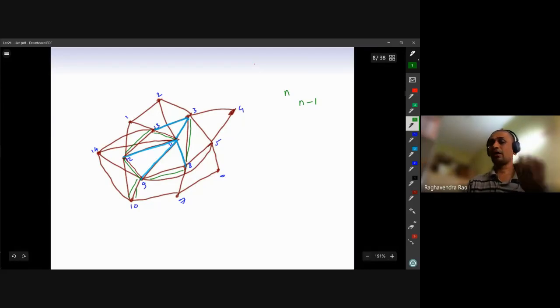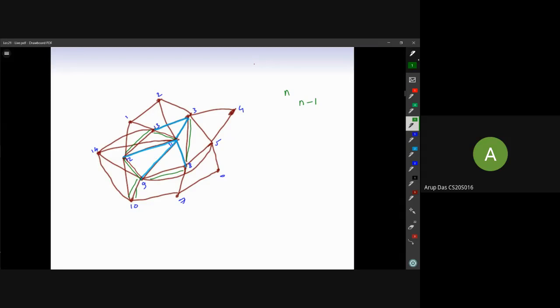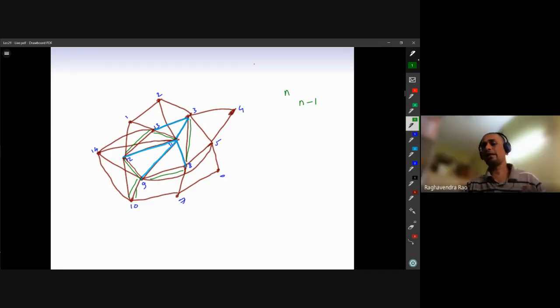Now, when I construct B, it should have more than that many edges, right? So what is the property that I need? Either the edge in B is also in A, or it is such that if I add this edge to A, it creates a cycle. They basically should correspond to fundamental cycles in A.